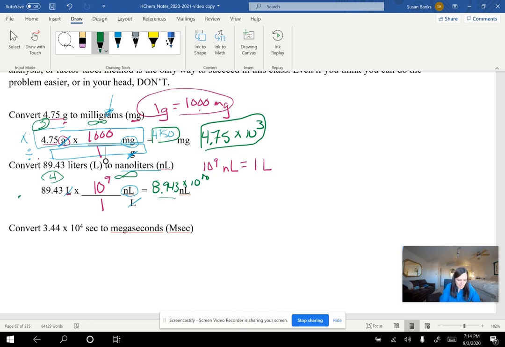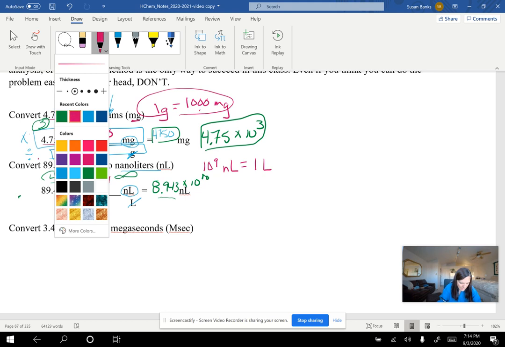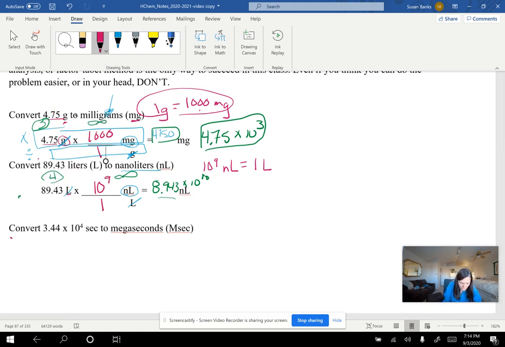Okay, next one. Let's keep on going. We've got 3.44 seconds, and I want to take it to megaseconds. So I need to think of my relationship. So mega means a million. So I would have 1 million, or 10 to the 6 seconds in 1 megasecond.